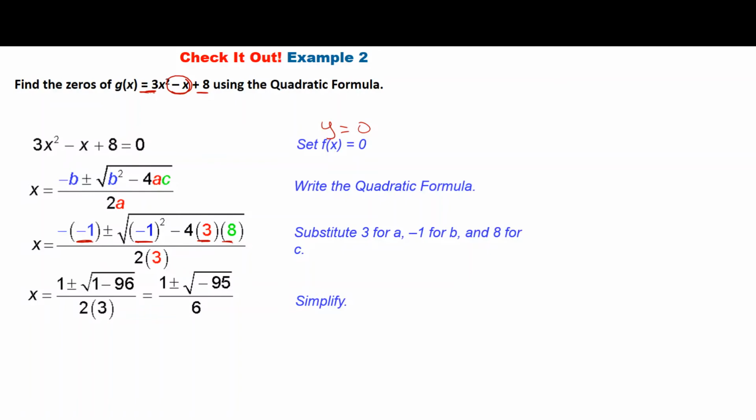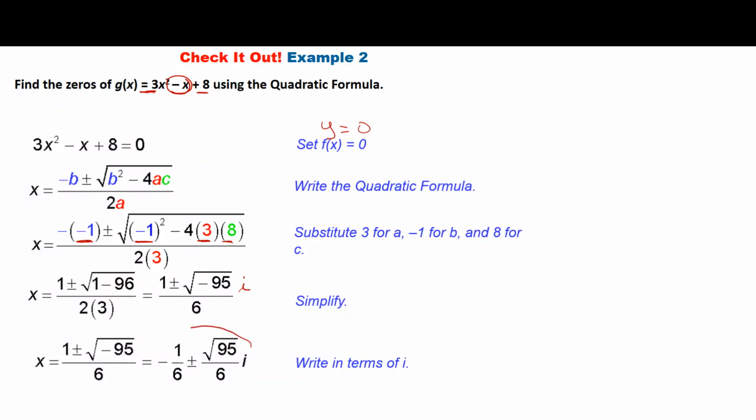All right, so we see that negative 95, so that's going to be an i, and so we have to just rewrite it. 1 over 6 plus or minus square root of 95 over 6i. Okay, so here is our final answer.